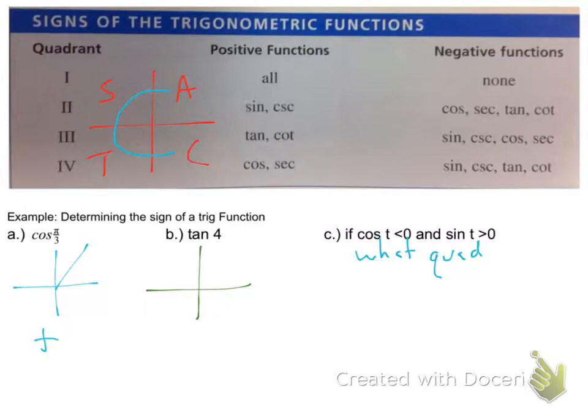The t number, or the reference number, and all those things. This is 4. How far is this? That's pi. Wait a minute. What's pi? 3.14. So therefore, 4 must be somewhere about here, yeah? So, tangent in that quadrant is?